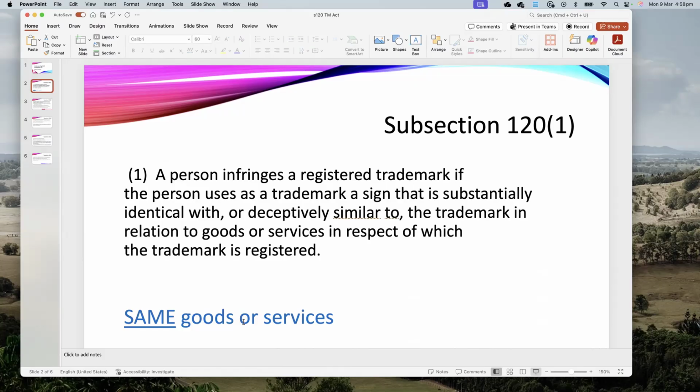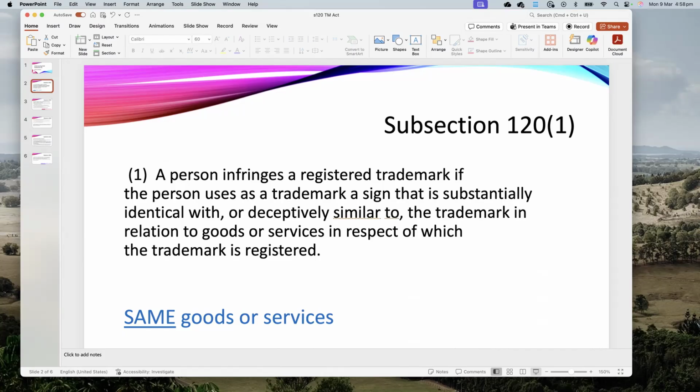Now, the mistake that students make most often is to assume that if goods or services are in the same class, that they are then the same. But classes are very, very broad under the Trademarks Act.